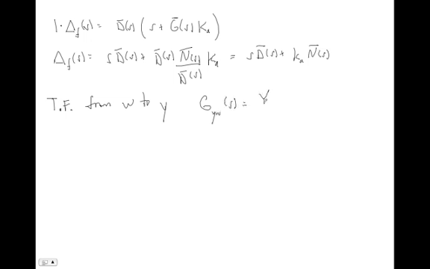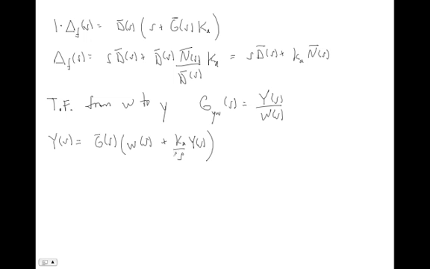And that's going to equal the ratio of the output Y to the input W if I write them in the Laplace domain. So I'm going to write this out. Y of s is going to equal G bar of s times, going back to our second system diagram from a couple of slides ago, W of s plus Ka over s times Y of s.